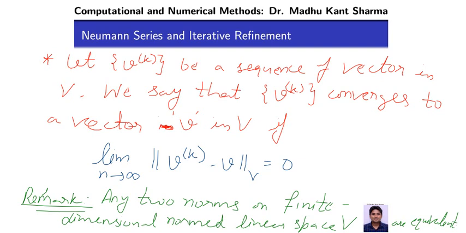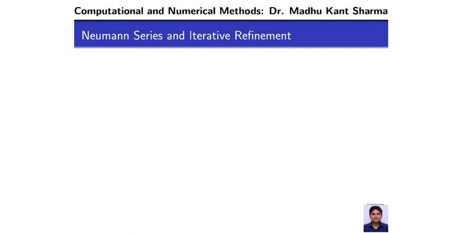So when do we say two norms are equivalent? The definition is: let us say this is a norm and this is another norm, norm star.